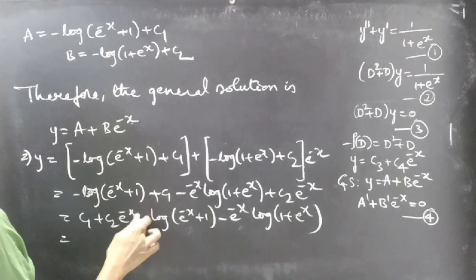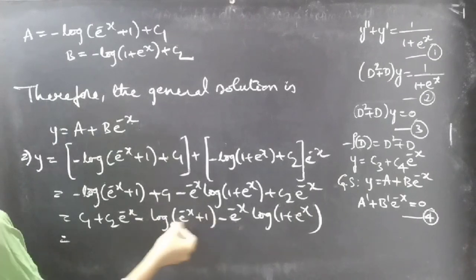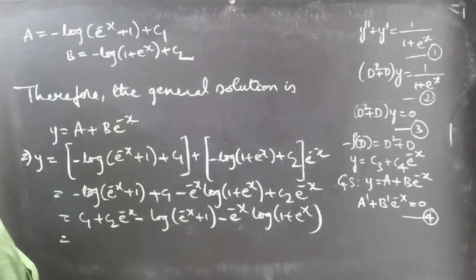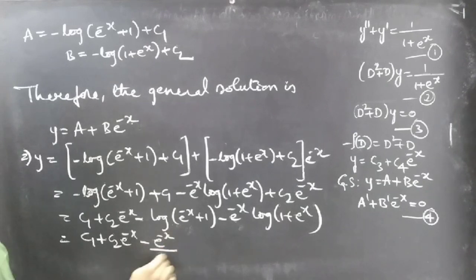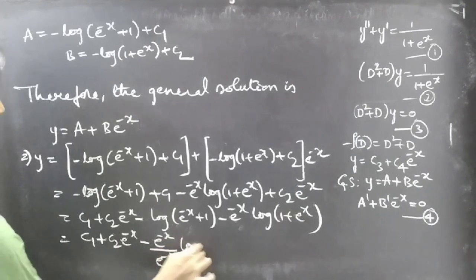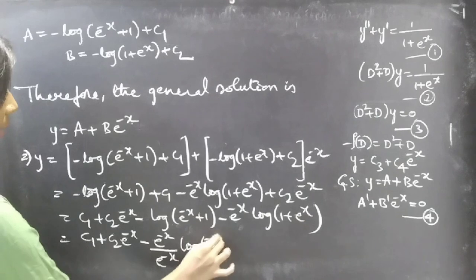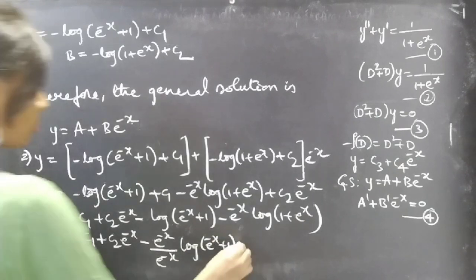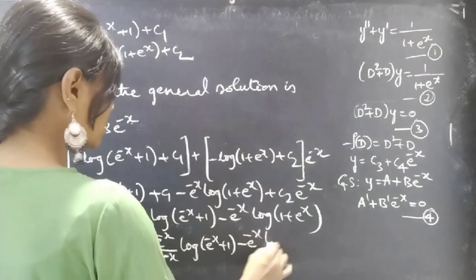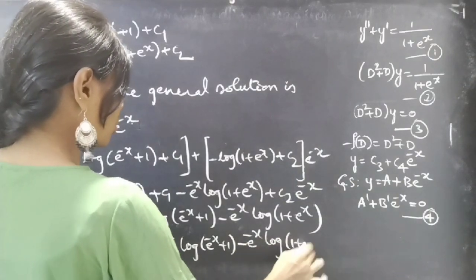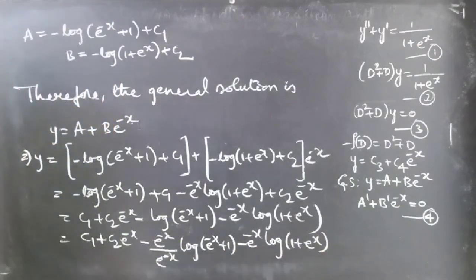So see, in the third term we don't have any e power minus x, so let's multiply and divide e power minus x to this term. Then we'll get c1 plus c2 e power minus x minus e power minus x by e power minus x into log of e power minus x plus 1 minus e power minus x log of 1 plus e power x.